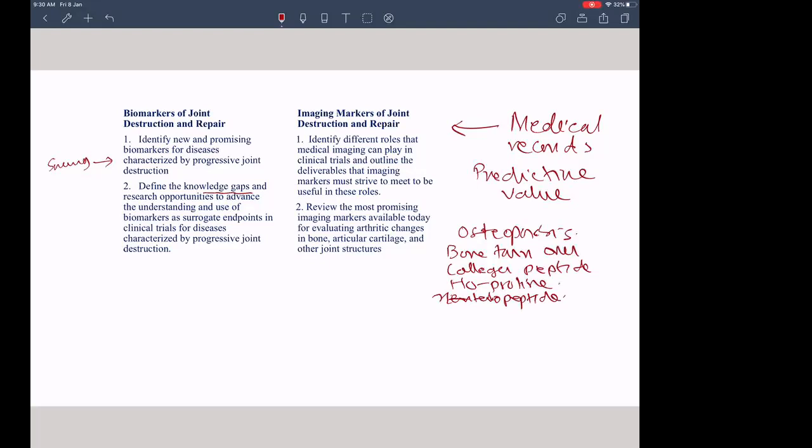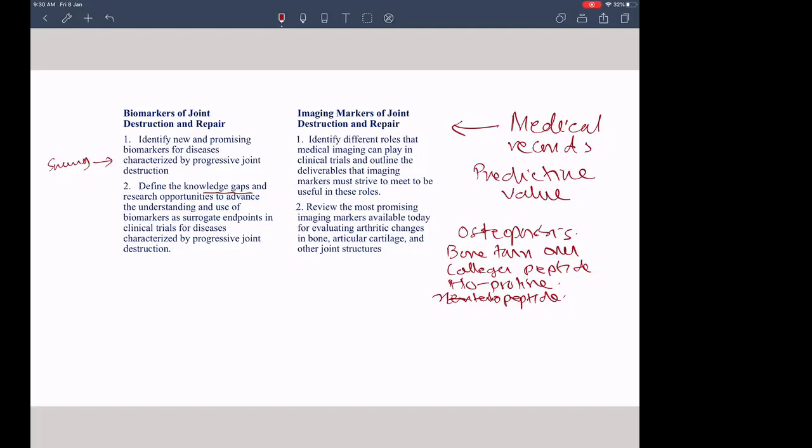I was thinking about hydroxyproline maybe, that is the amino acid, and maybe that can correlate as well. But because N-telopeptide is specifically related to collagen, that's why.